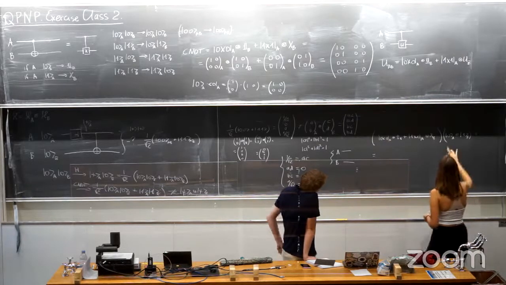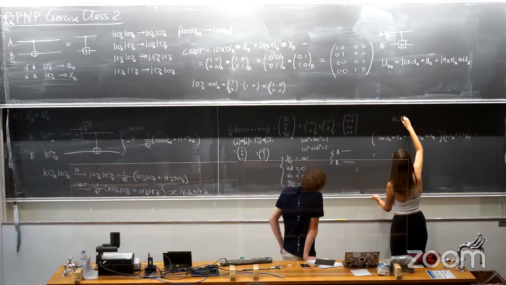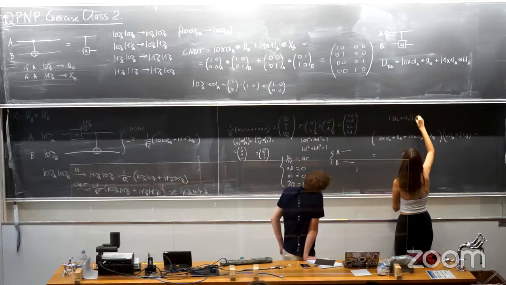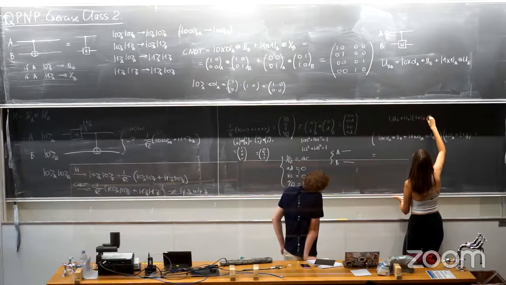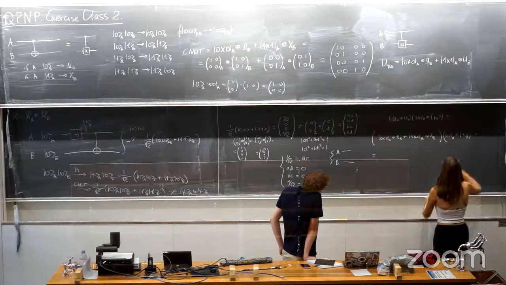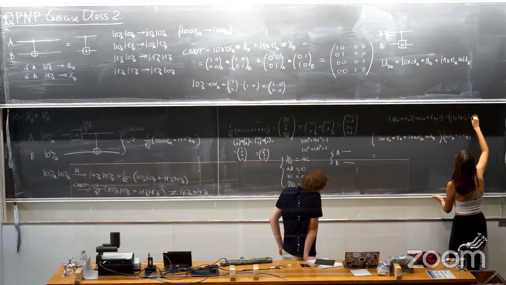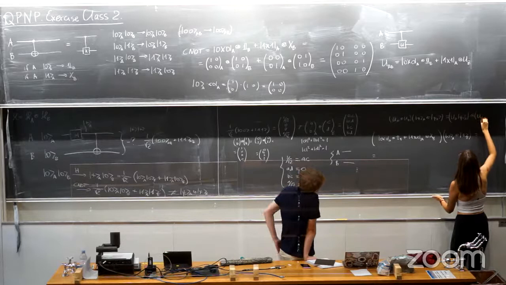So if we have some U_A, U_B acting on psi_A, psi_B, then this can be written as just U_A acting on psi_A, tensor product U_B acting on psi_B.